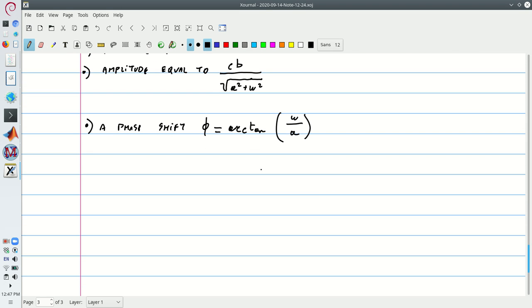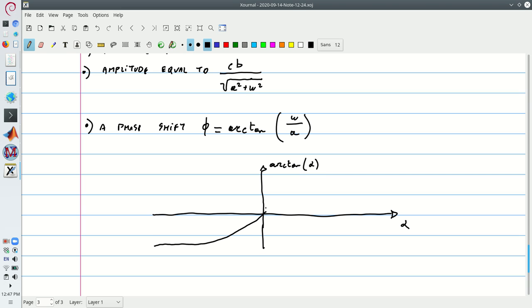So let's take a look at what the arctan function looks like. If you consider a generic angle alpha, and here you plot arctan of alpha, that's what your arctan function is going to look like, if you remember it from calculus. This quantity is given by pi divided by 2, and this other quantity here is going to be minus pi divided by 2.